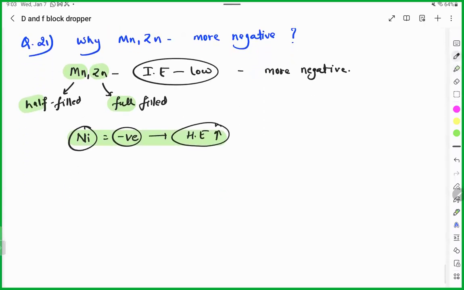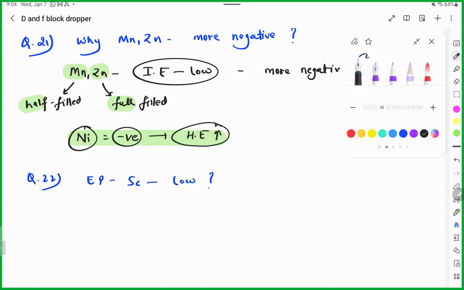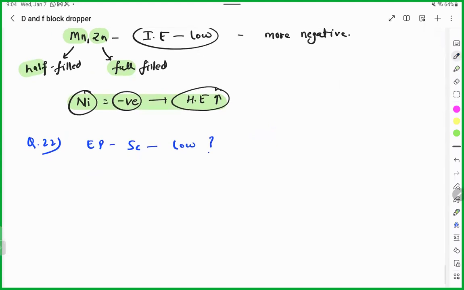Last question of the day. Who will tell? Chandana. Why is electrode potential in case of scandium very low? Low means more negative. What could be the reason in case of scandium?